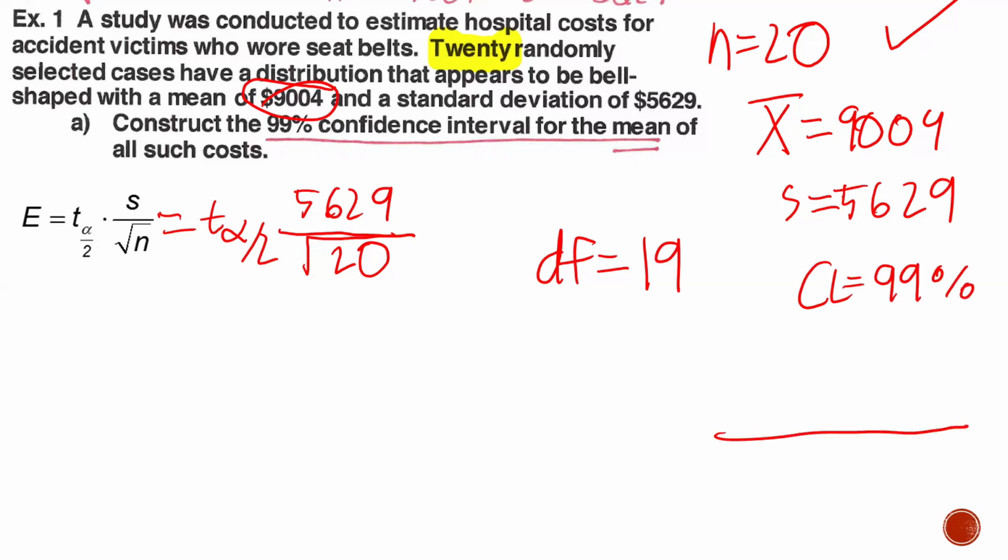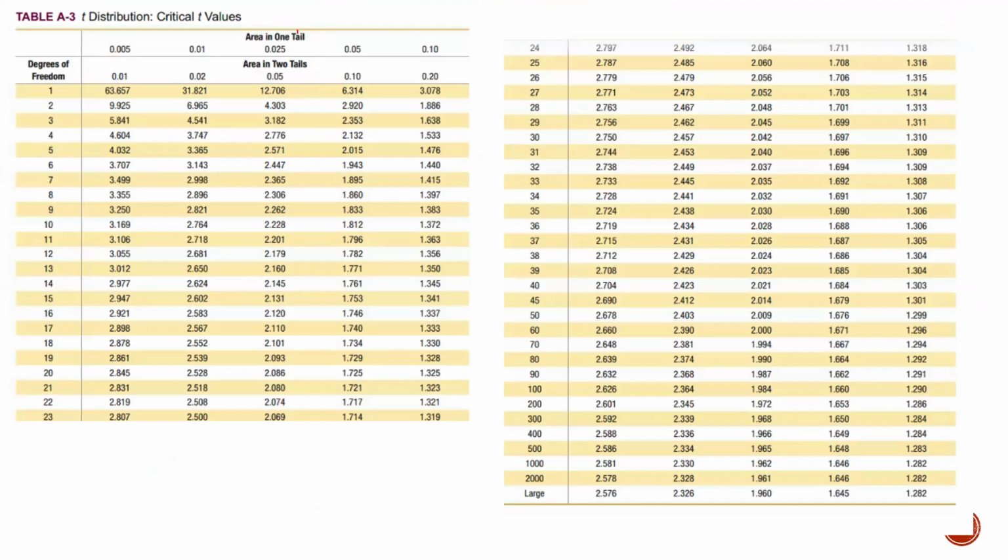So that means we've got 99% in the middle, which means there's 1%, or 0.01, in both tails combined. So in each tail, we'll have 0.005. But you can think about it either way, whether you're doing one-tailed for now, right? So when we look at our chart, what did we say was the number of degrees of freedom?